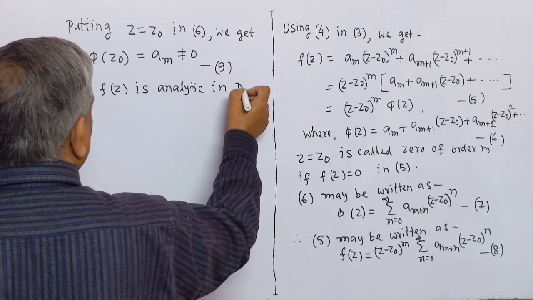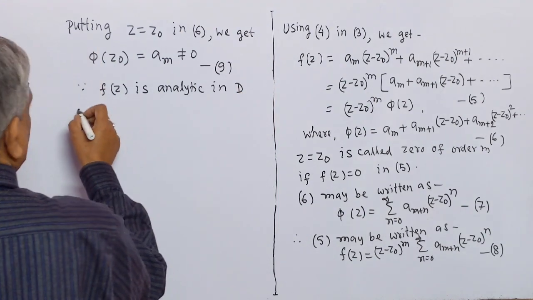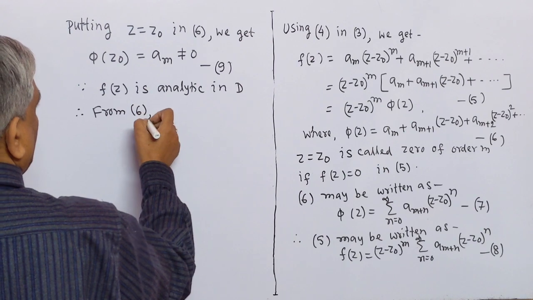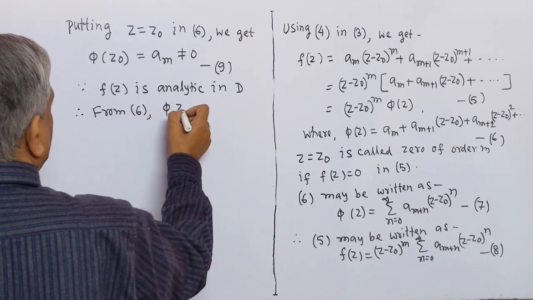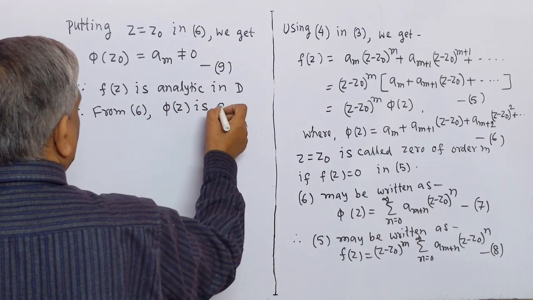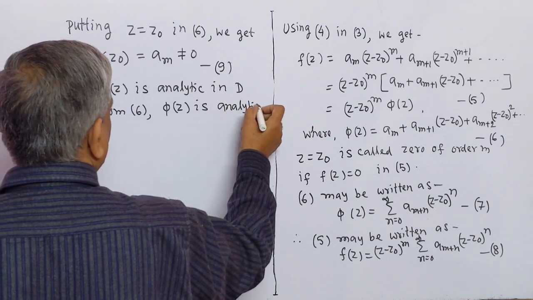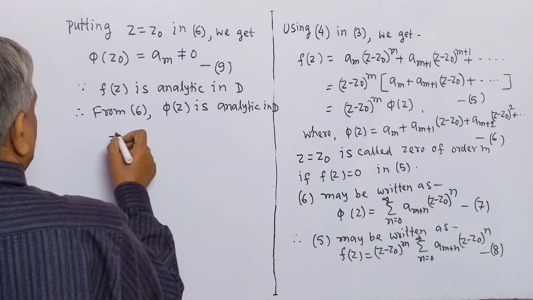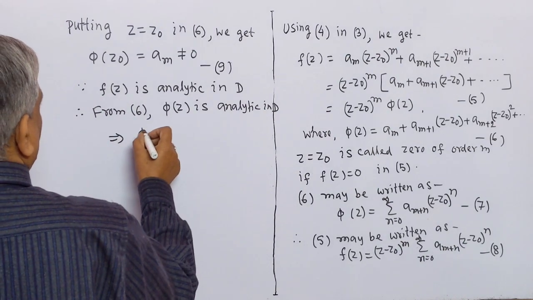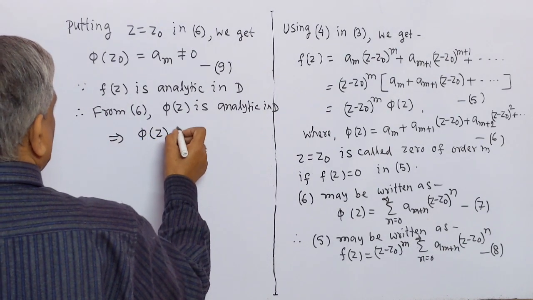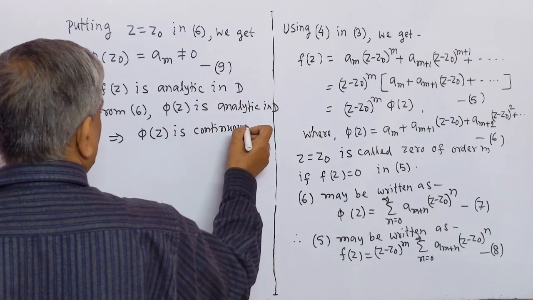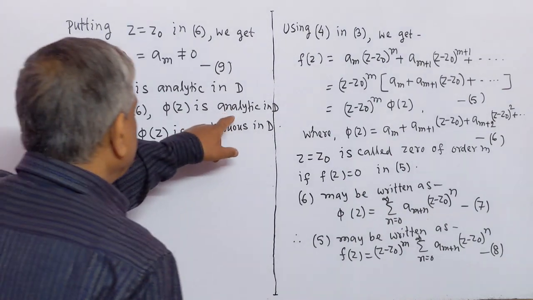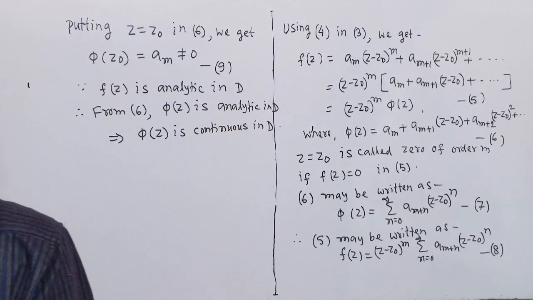Since f(z) is analytic in D, therefore from 6, phi(z) is analytic in D, which implies that phi(z) is continuous in D, since every analytic function is continuous.